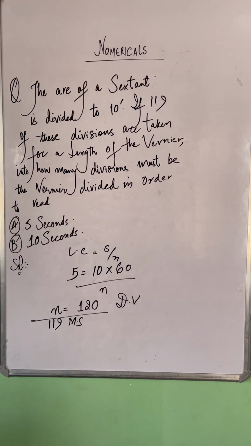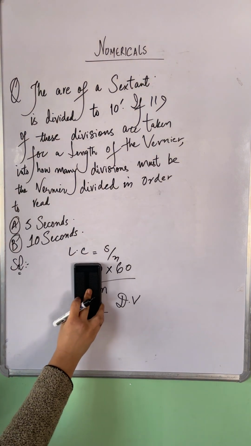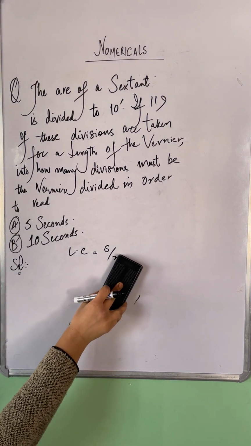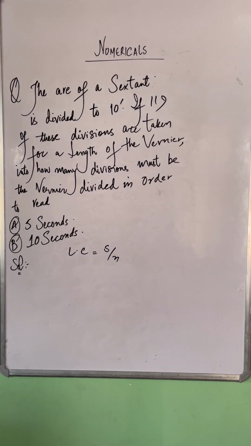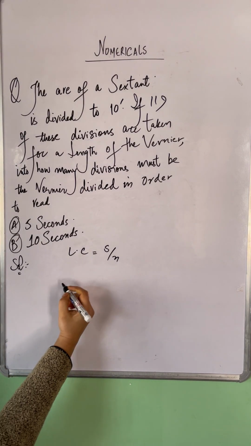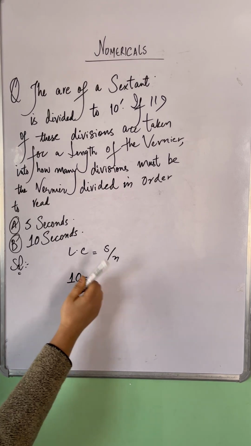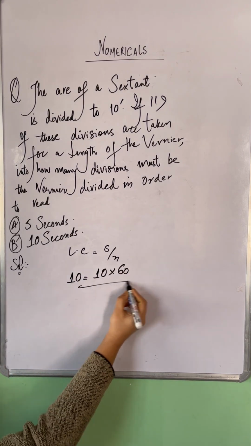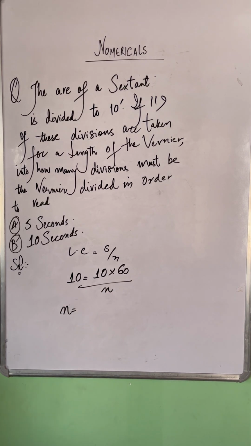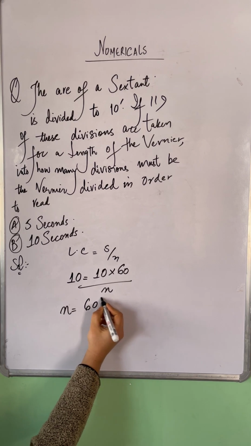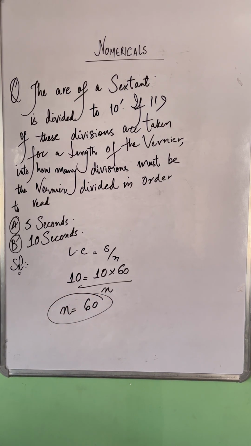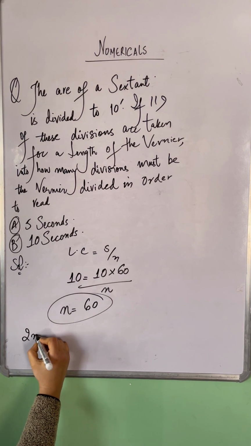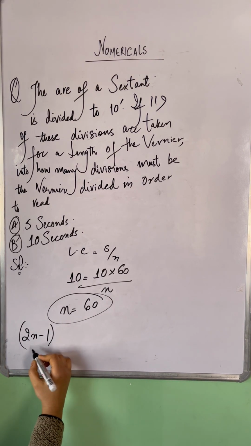Let's do part B. What is the defined least count? 10 seconds. S is 10 minutes. We convert it into seconds. By calculations, my N will be equal to how much? 60. This forms an extended vernier. How? Because in an extended vernier, n divisions on the vernier scale correspond to 2n minus 1 divisions of the main scale.